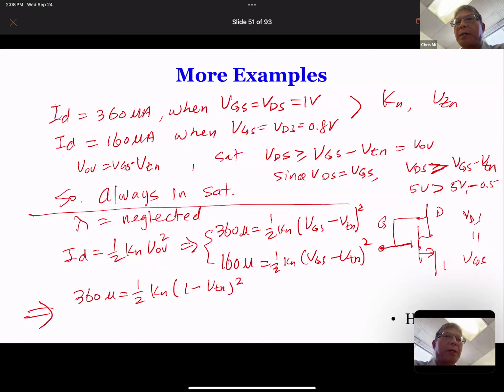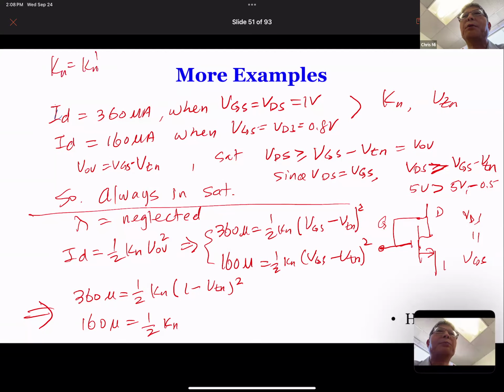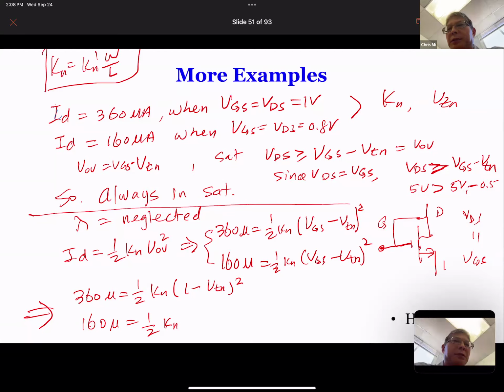The other one is 160 micro equal to 1/2, with 0.8 minus VTN squared. Note I wrote Kn, not Kn prime, because Kn is equal to Kn prime times W over L. You need to use this equation in the future.